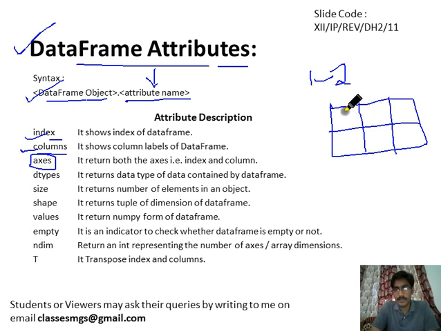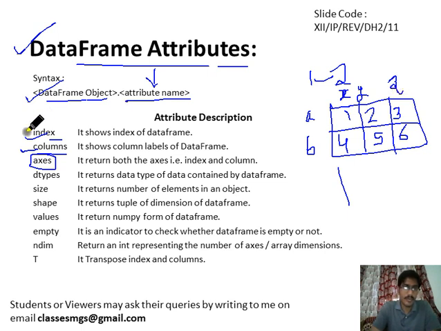So let's suppose this is a DataFrame: 1 2 3, 4 5 6. Let's suppose this is the A index, this is the B index for the second row. Let's suppose this is the X, this is the Y, and this is the Z. Let's suppose this is DF, the name of this DataFrame.